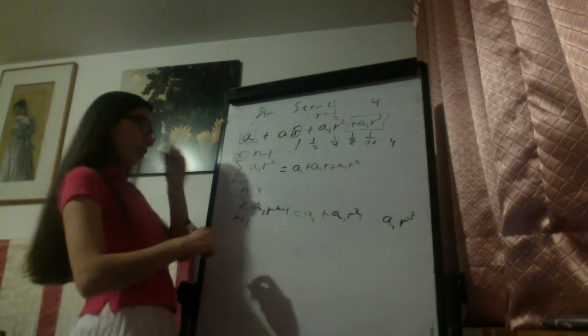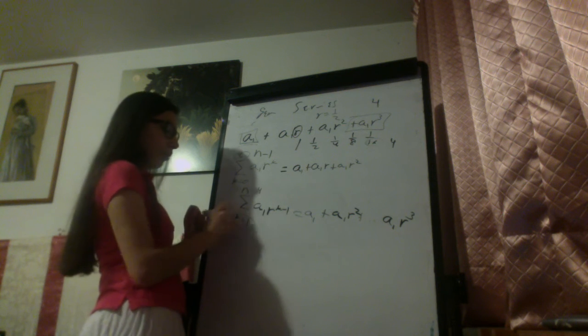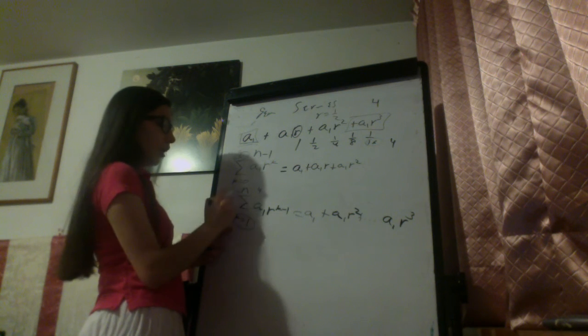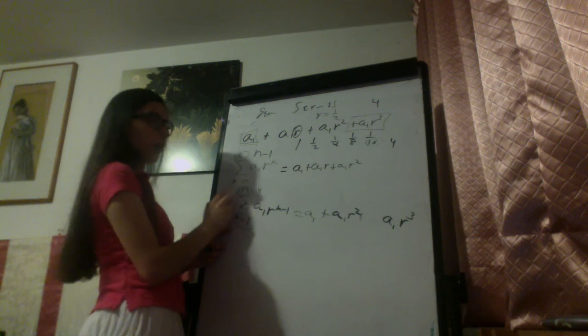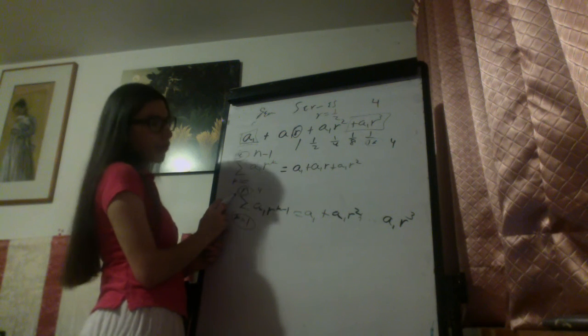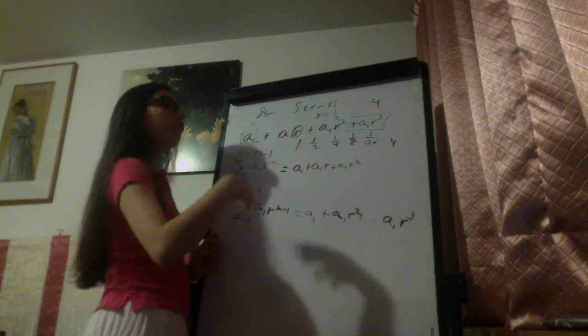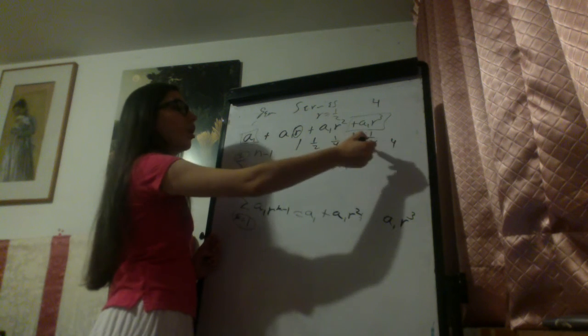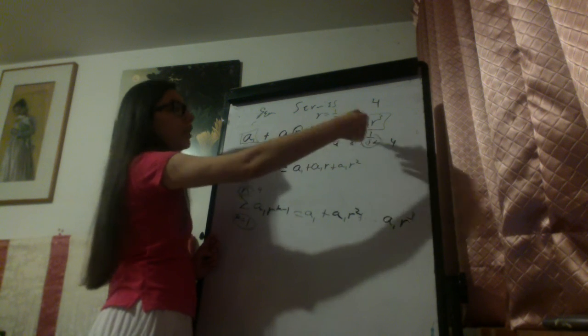So when we are talking about a summation beginning from k equals 1, here we put the number of terms that we have. Now the number of terms that we have will be one more than the exponent of the r in the last term.